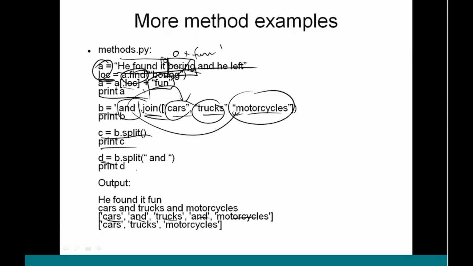And if we split the string b with this particular string, then it takes out that string and only reports cars, trucks and motorcycles. So here we are using several things: find, replace, join, and split. All these are different string methods.